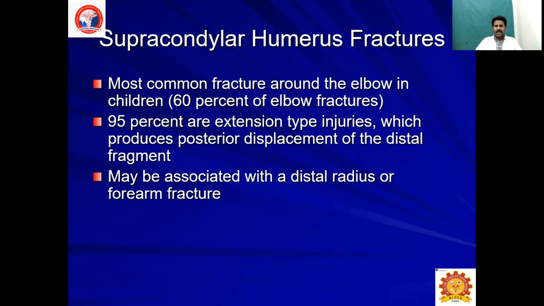Because usually in practice, with an elbow fracture, we always see only the elbow. It can be associated with distal fractures like a forearm fracture or proximal fractures, like a shaft of humerus fracture or proximal humerus fracture as such.